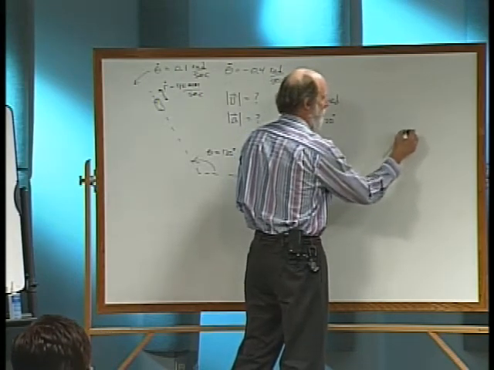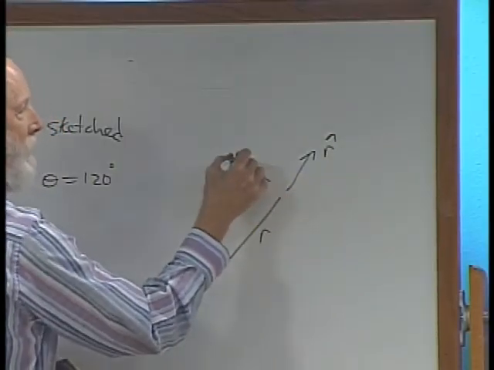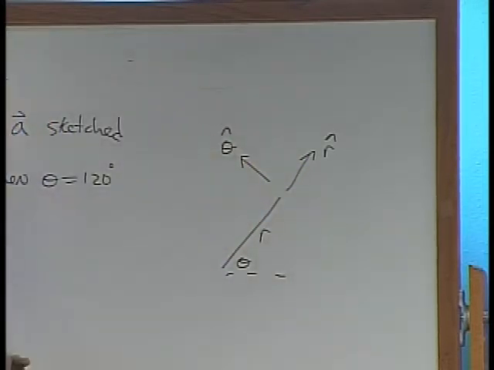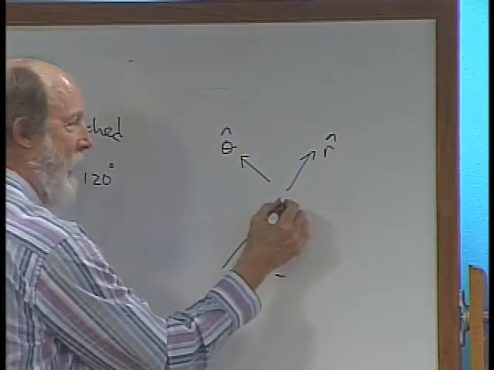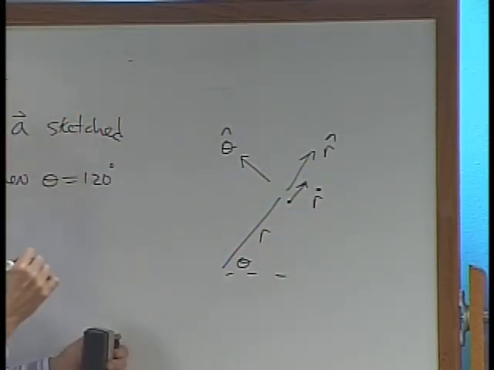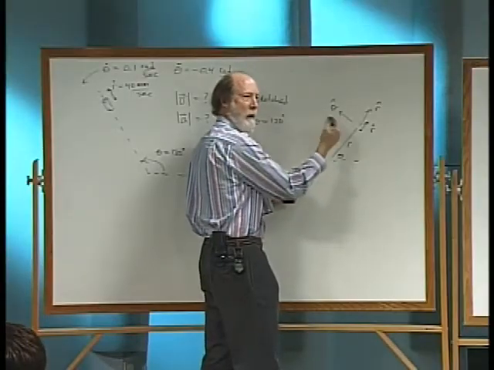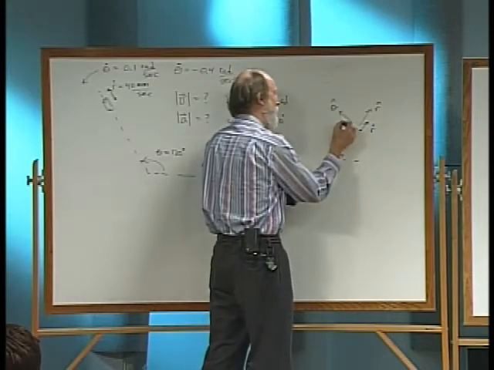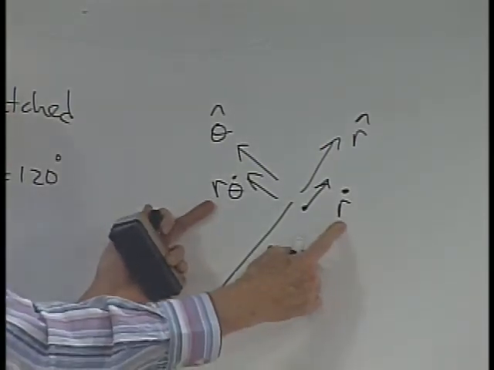So if you have some object on some radius with an r hat and a defined theta, setting theta hat typically in this kind of a situation, then what I want you to be thinking about to be able to get a handle on that is the fact that it might have a telescoping kind of an effect on velocity, and it's got a pseudo-rotational kind of a term going on, which you're familiar with from circular motion, should be an r omega kind of a term, or an r theta dot. And those are your two components in polar for your velocity.